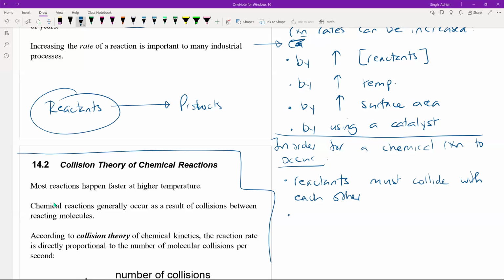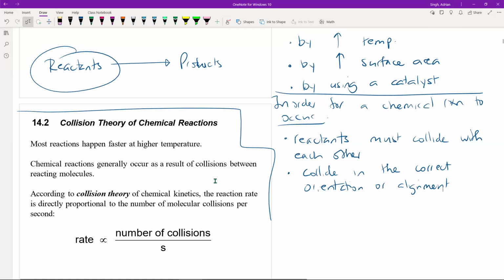Not only must they collide, they must collide in the correct orientation or alignment. In other words, if the front of one molecule collides with the back of another molecule, that may not be enough for the reaction to happen. Maybe they need to collide head on as opposed to head to tail.